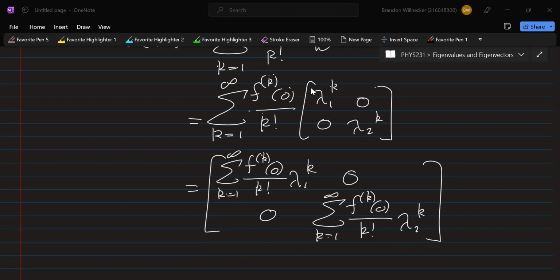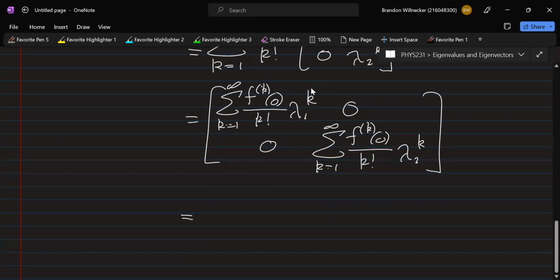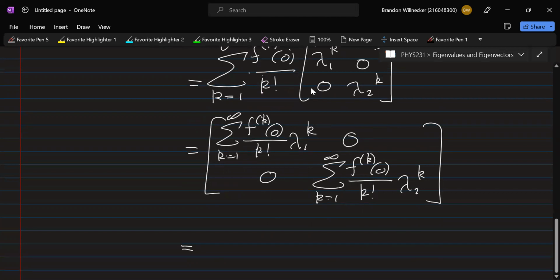We just assume that the series converges and we can do all these nice things with it. But it is important in the back of your minds, just think about what we're actually doing here. Messing around with these series like this, there are certain things that we need to keep in mind, with convergence and all of that.